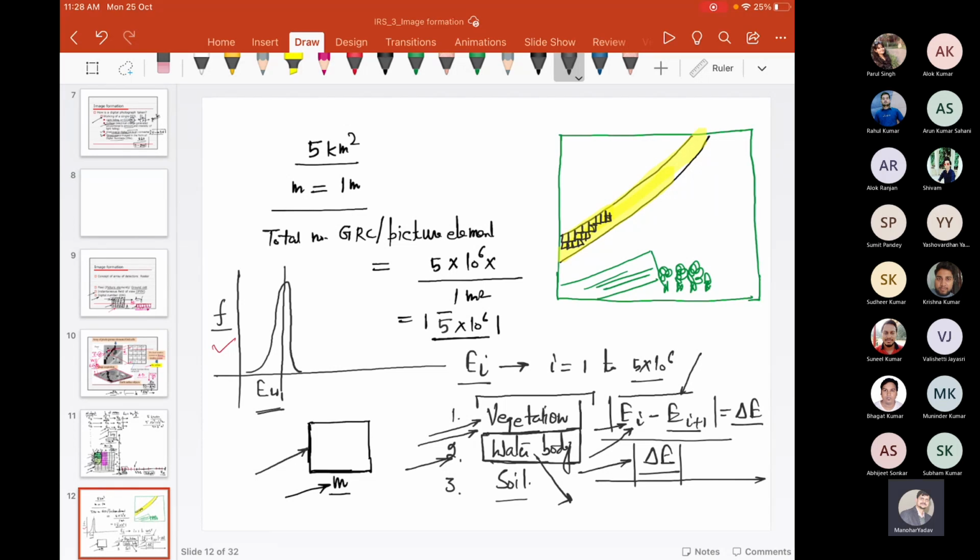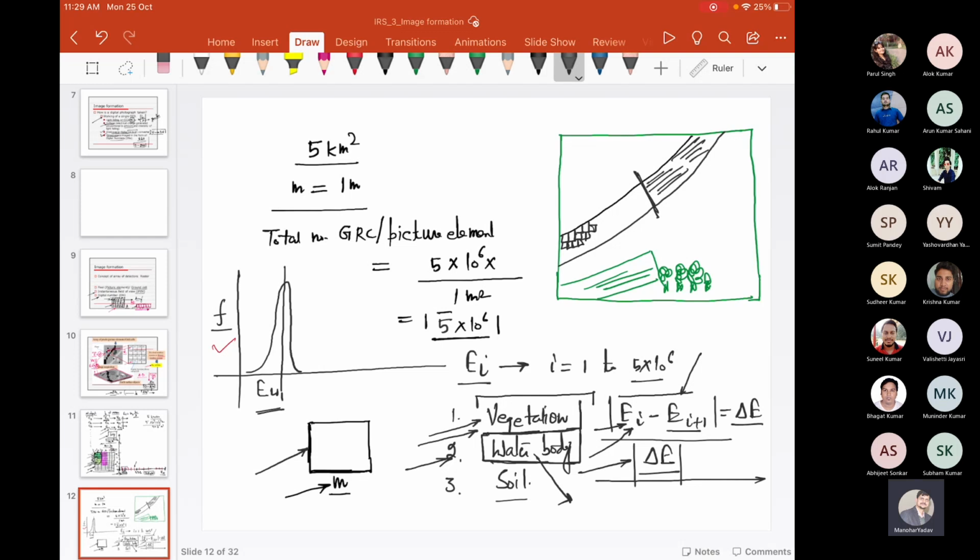From the water channel. But let's say we can assume that the turbidity level changes up to this location: the water is clear, but after that the water is turbid.